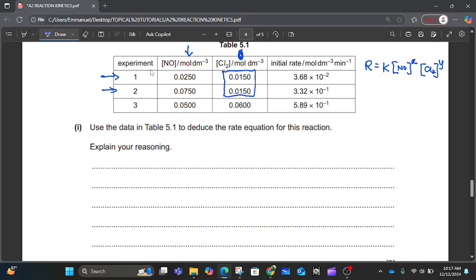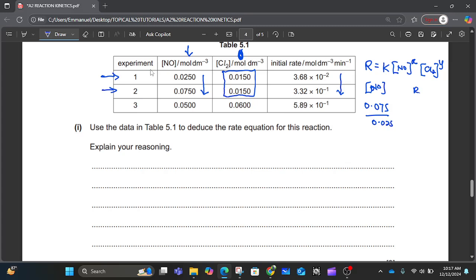We can see that from experiment 1 to experiment 2, the concentrations of NO has increased. The same way the rate has also increased, but we don't know by how much, so we have to find that. So we divide the bigger concentration by the smaller, so that will be 0.075 divided by 0.025.